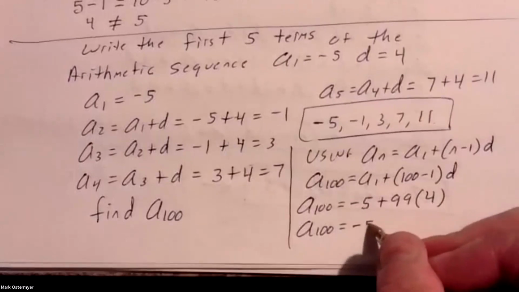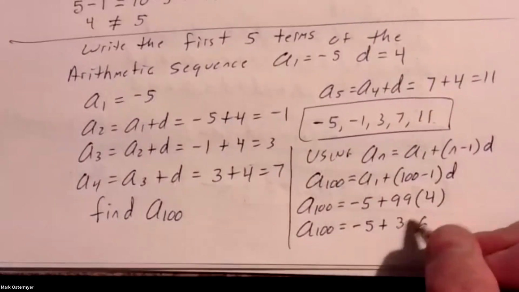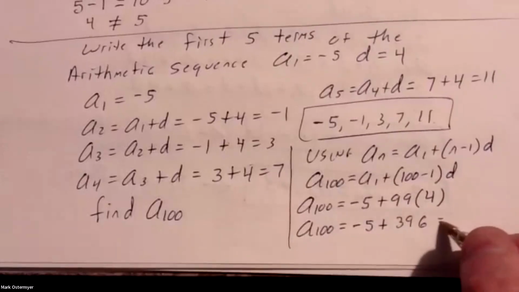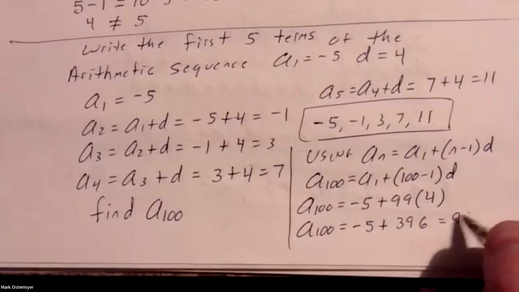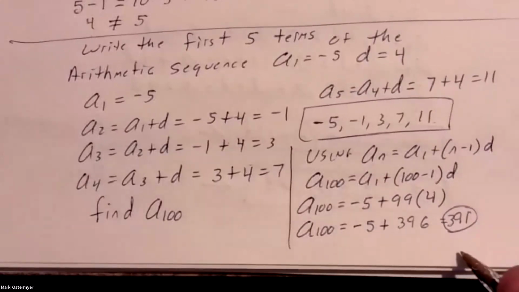So this is going to be -5 plus 4 times 99. It's 396 plus -5 is 391. And so 391 would be your 100th term for that sequence. Any questions how we found the 100th term using our nth rule?